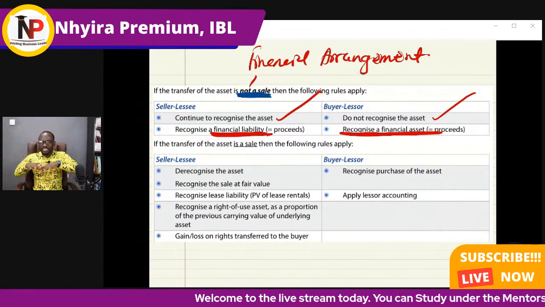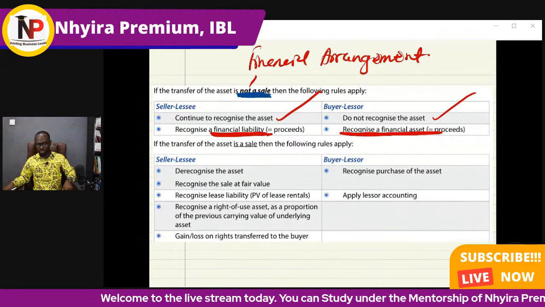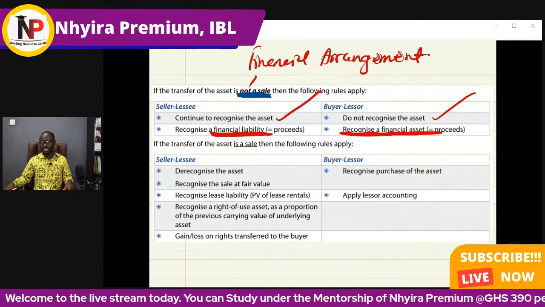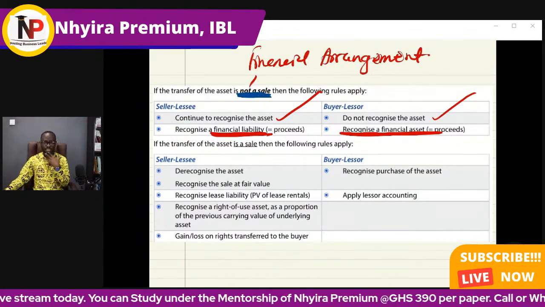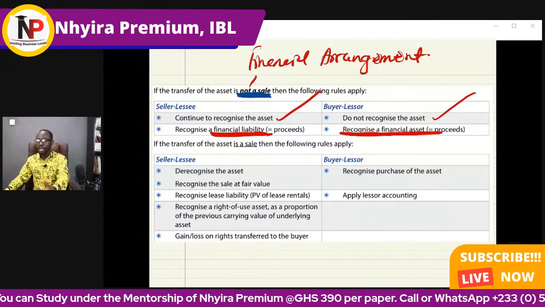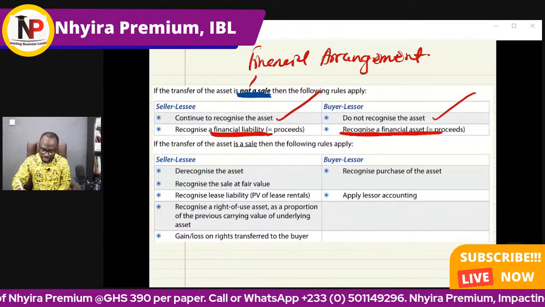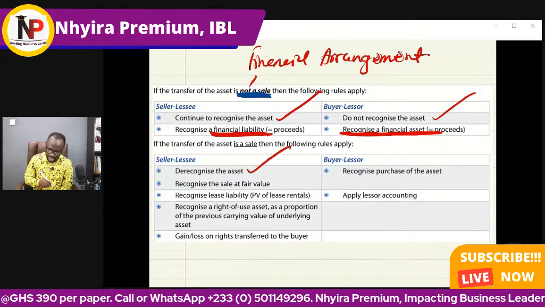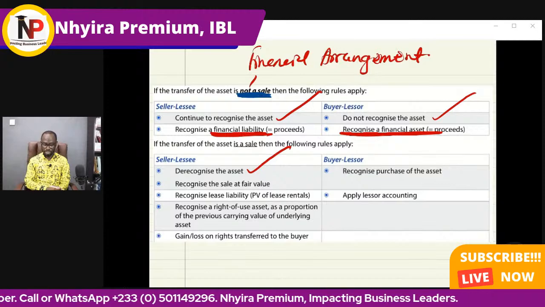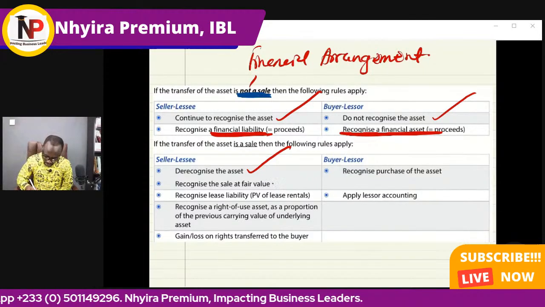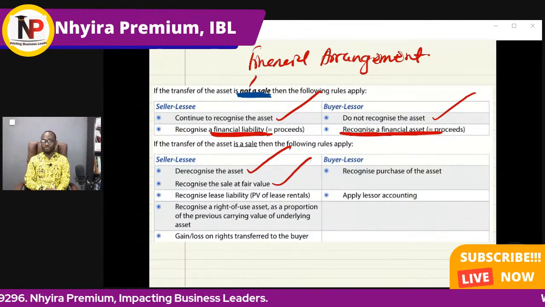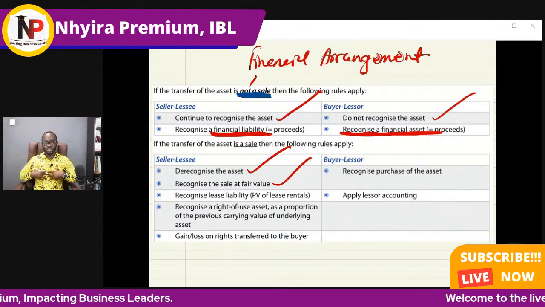But if it is a sale, meaning we actually sold the asset but then leased it back, we de-recognize the asset. Then we recognize the sale at fair value because we've sold it and received the money.